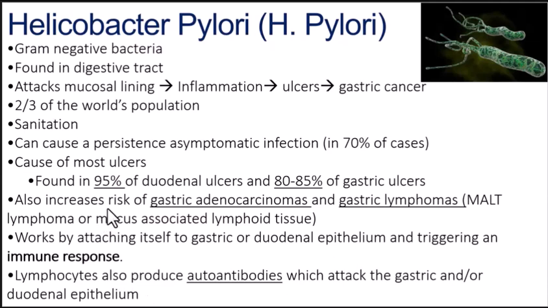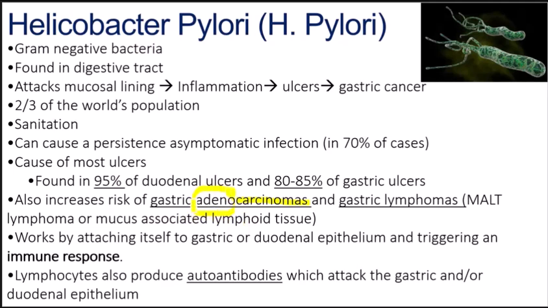H. pylori increases the risk of developing gastric cancer, as mentioned. More specifically, though, it's called a gastric adenocarcinoma. Remember that carcinoma refers to cancer that forms in epithelial tissue. And when we talk about the epithelial tissue of the stomach that contains glands, we call it adenocarcinoma.